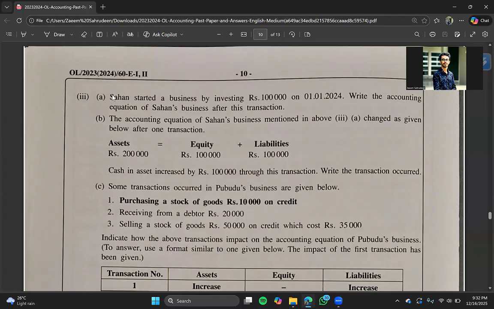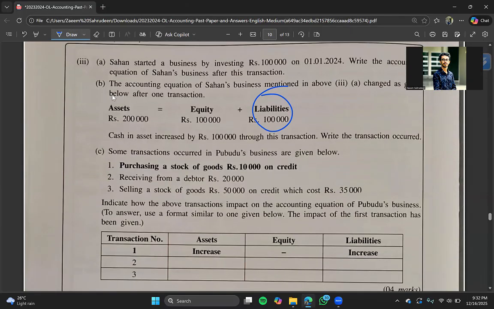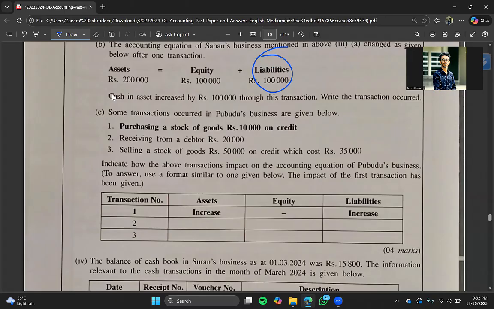In part B, the accounting equation of Sahan's business changes after one transaction: assets 100,000, equity the same, and the liability has increased by 100,000. That means Sahan has obtained a 100,000 bank loan.